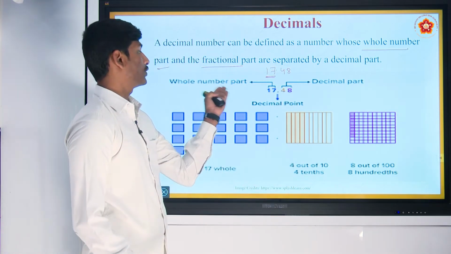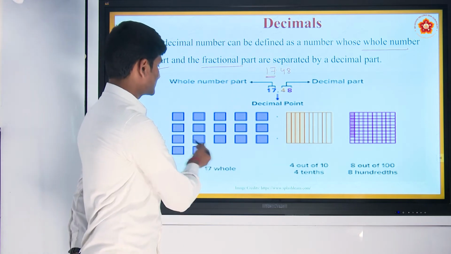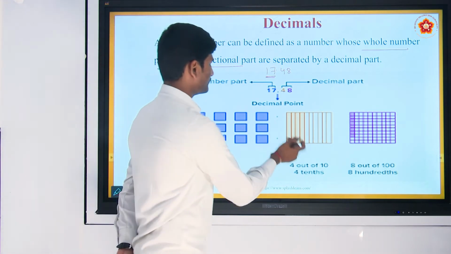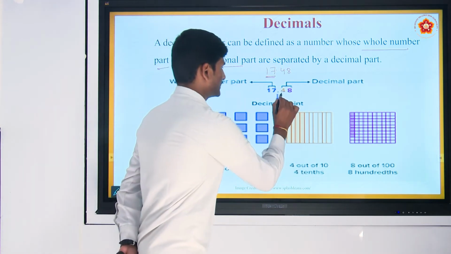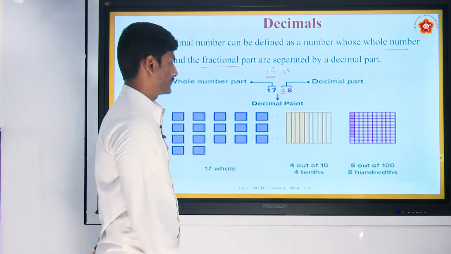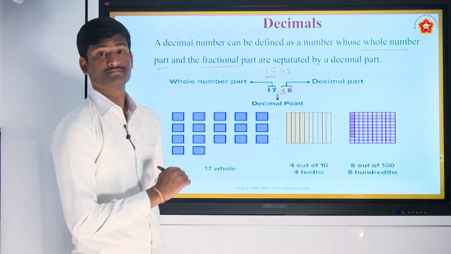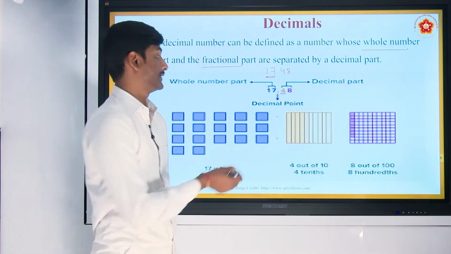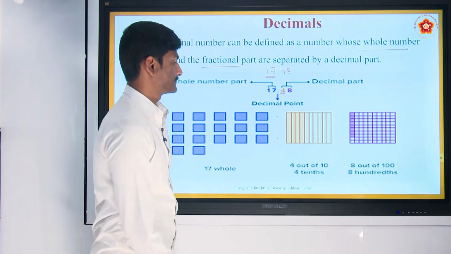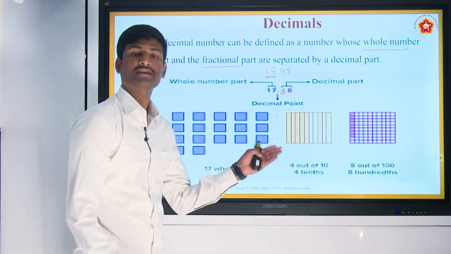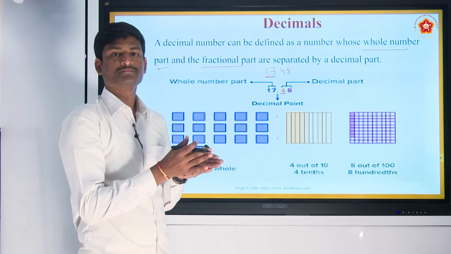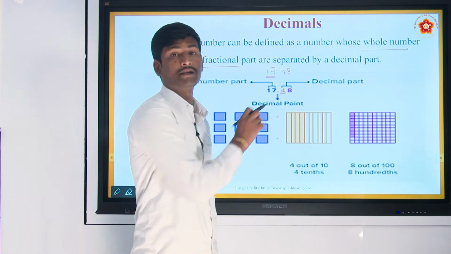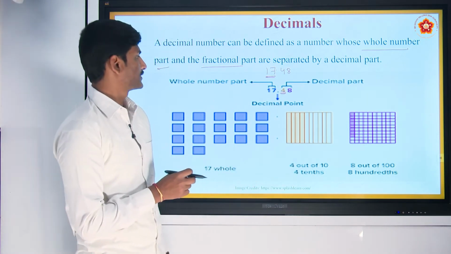Here 17 is the whole number part. I take 17 whole boxes, 17 boxes, and then 4 is in the tenths place, 4 out of 10. Okay, and then 8 is in the hundredths place, that is 8 by 100, a fractional part. One box is further divided into 100 equal parts, and we take 8 parts.